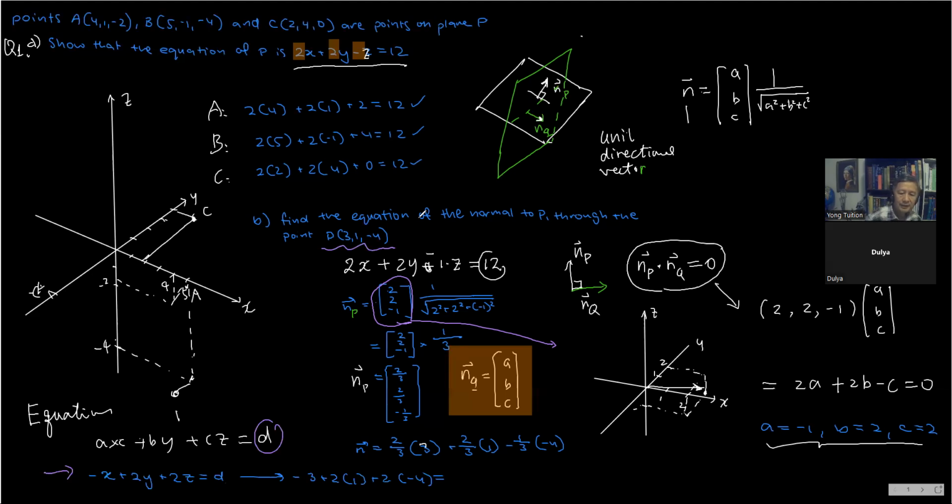So the sum will be your constant D. Aha, we got everything. We got ABC, we got D. That's it, so you can write your answer now. That is the equation we are looking for.